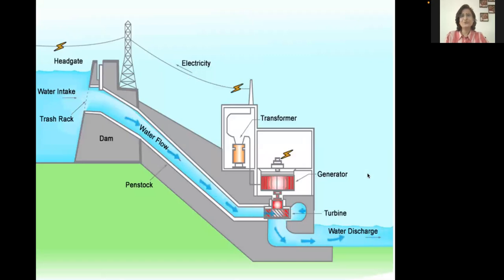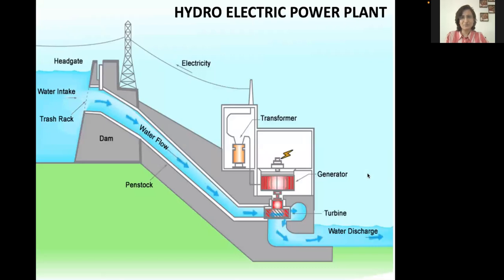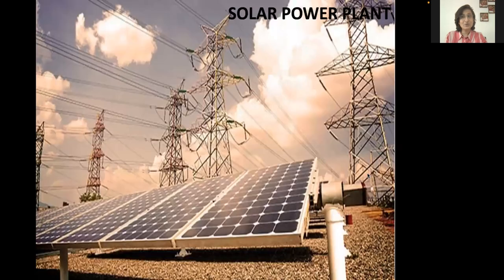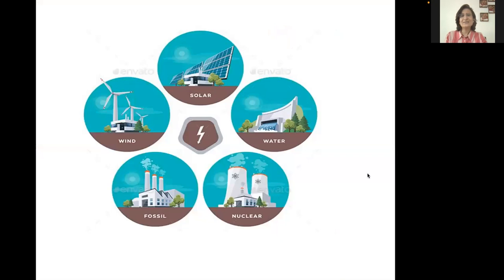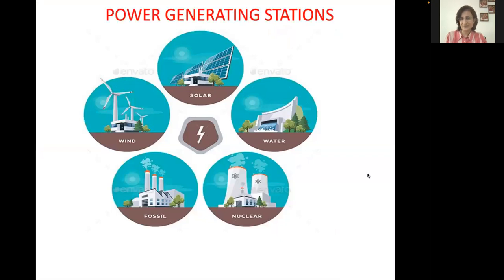I'm sure you know this is a hydroelectric power plant whereby the potential energy of water is finally converted to electrical energy, or the solar power plant. Well, not only that, there are many other power generating stations.